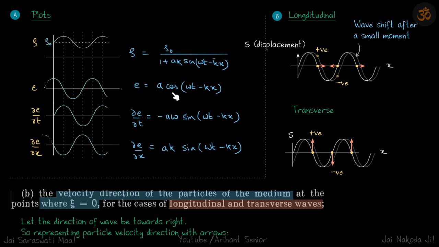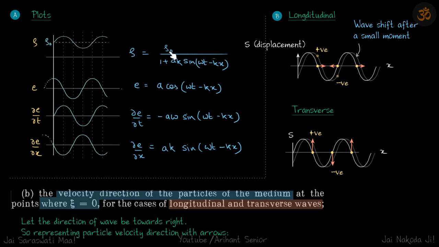So E is equal to a cos(omega t minus kx), and we have to plot it at t equal to 0. If we do that, it will come to be this. Now ∂E/∂t, if you just differentiate, will come to be this. Similarly, ∂E/∂x will come to be this. So you can plot both of these graphs also. You can see that rho will start at rho naught at t equal to 0 and x equal to 0.